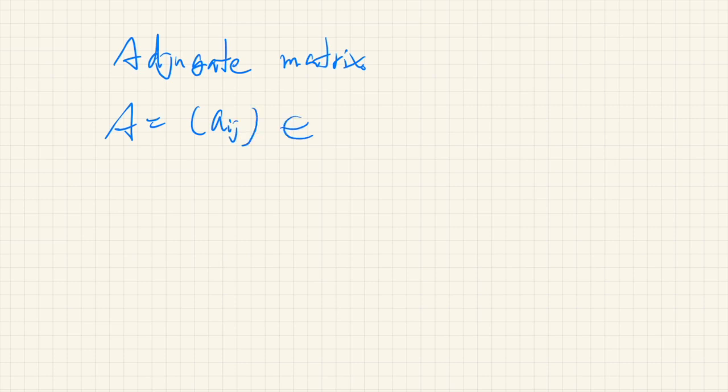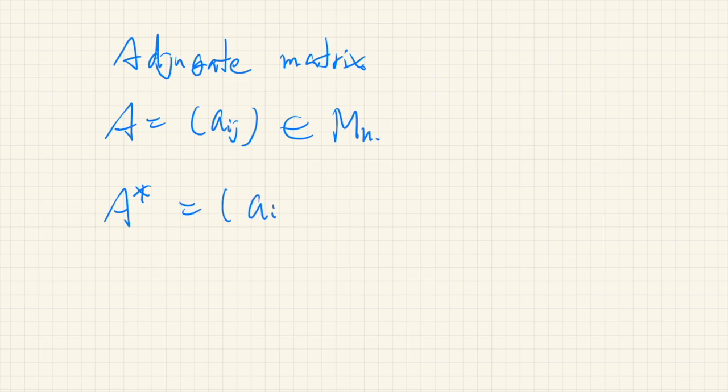Next, we would like to find a general way to derive the inverse matrix of a given matrix. But before that, let us define something called the adjugate matrix. Okay, so let A be an n by n matrix, and its adjugate, which we denote by A star, is defined as this.